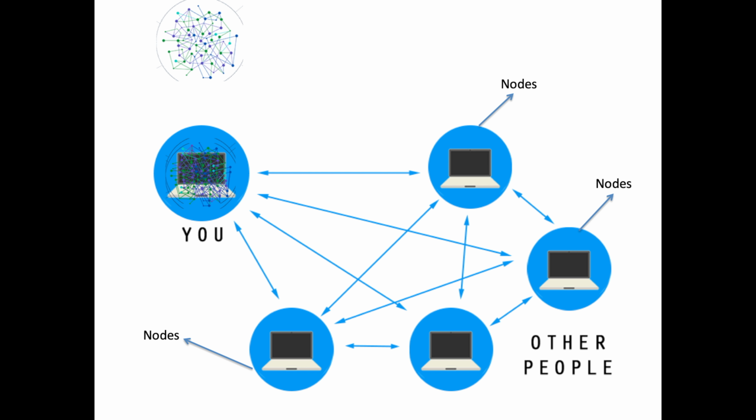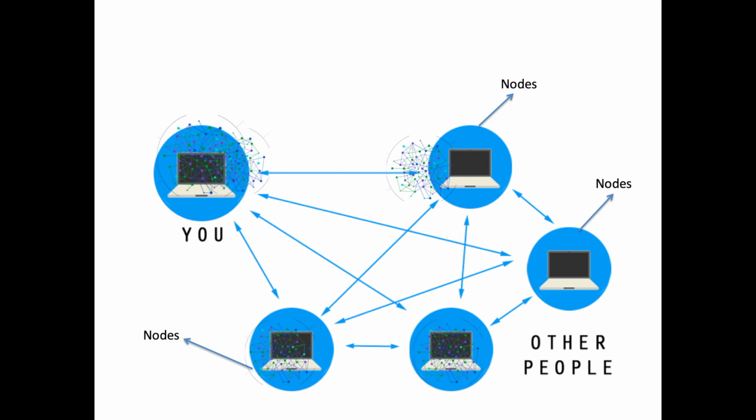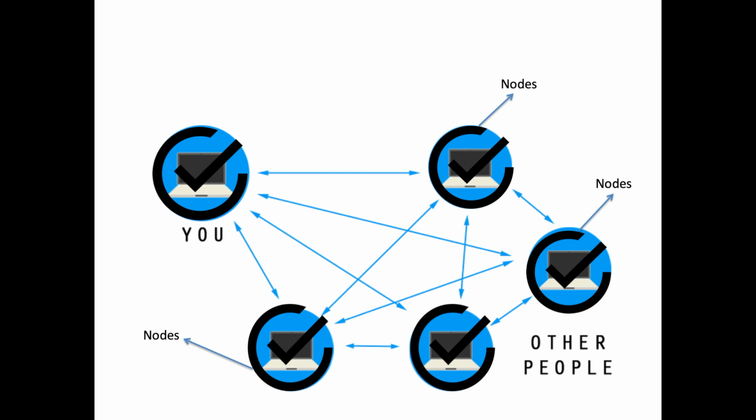So basically, data is trying to be added to the blockchain, and once it's received, it sends it directly to all the nodes. Once all the nodes receive it, they verify the transaction. Once they verify the transaction, it basically says, you're good.